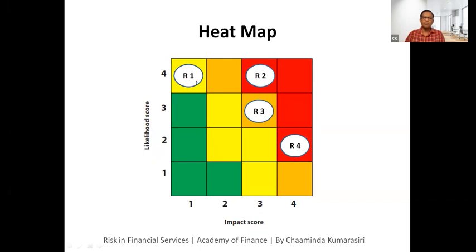There are 4 types of risks, R1, R2, R3, R4. What is the most severe risk here out of the given risks? What is the greatest or highest risk?